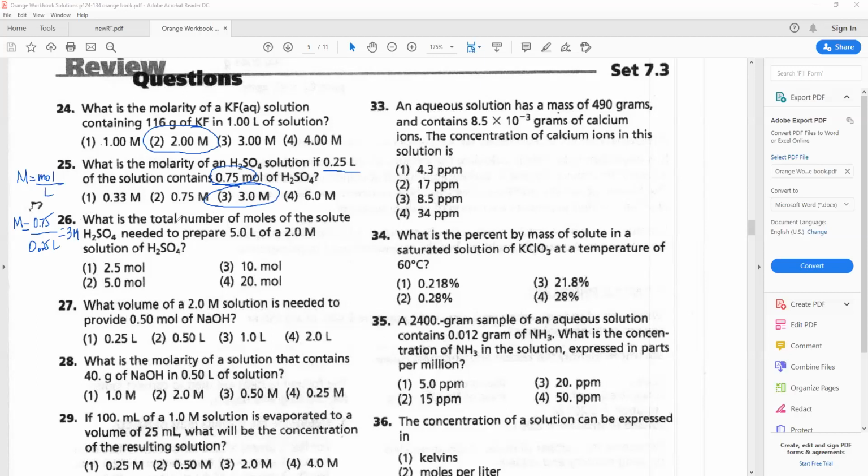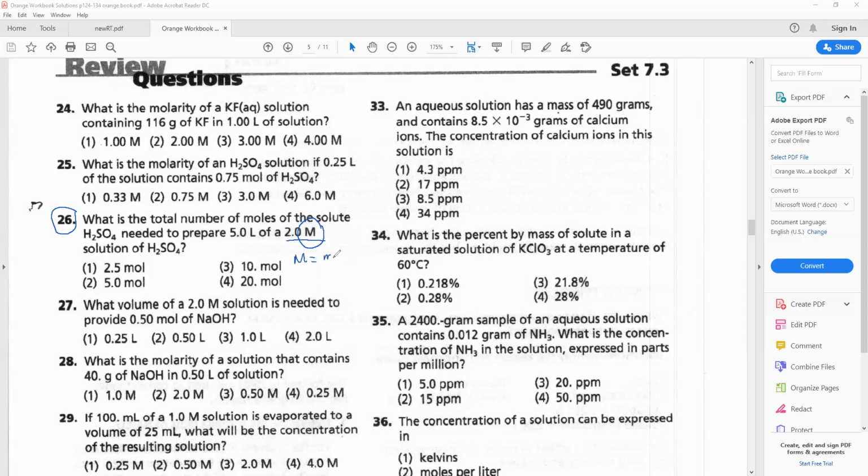Now this is a slightly different problem, number 26. They are asking for the moles needed to prepare 5 liters of a 2 molar solution. So they gave me the 2 molar. Whenever you see capital M, what did we say that it means? It means molarity.